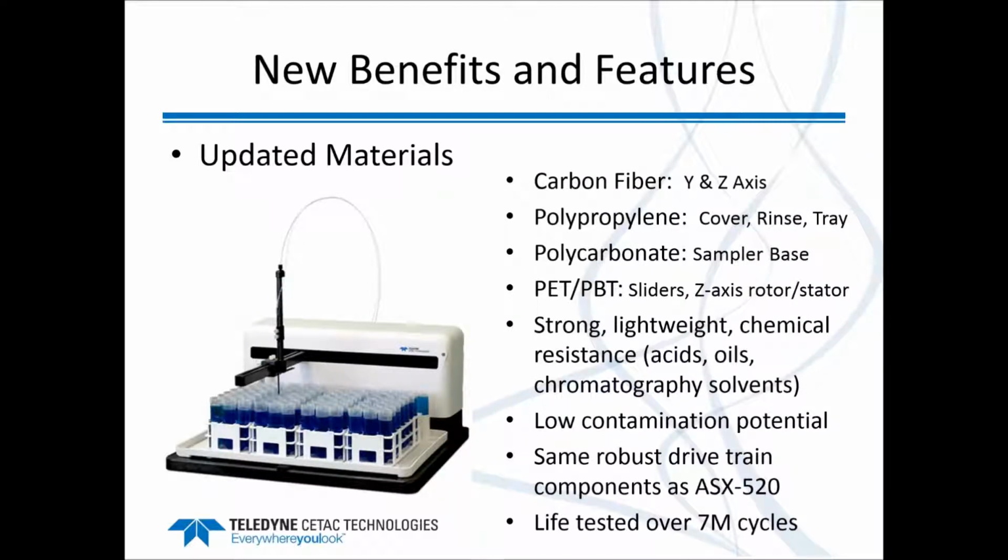So just to cover the first topic, improvements that we've made to the autosampler itself are mainly about the hardware that has changed. So rather than having metal components in the cover, in the base, and other moving parts, we've changed out most of the materials with ones that do not rust or fall apart with exposure to strong acids.